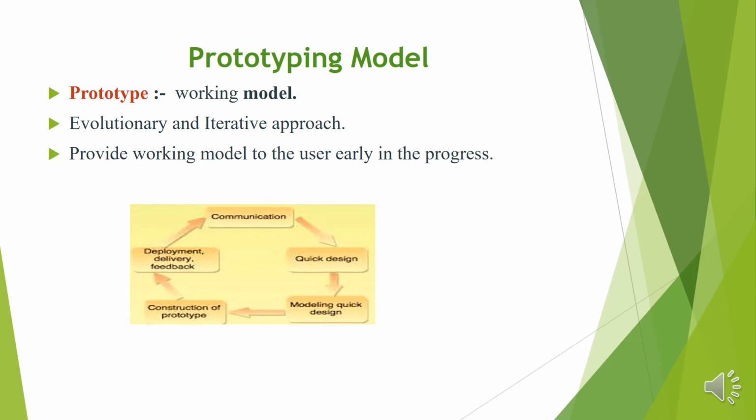A prototyping iteration is planned quickly and modeling occurs. That's why it is also referred to as the quick design. The quick design focuses on the representation of those aspects of the software that will be visible to the customer or the end users. The quick design leads to the construction of the prototype.